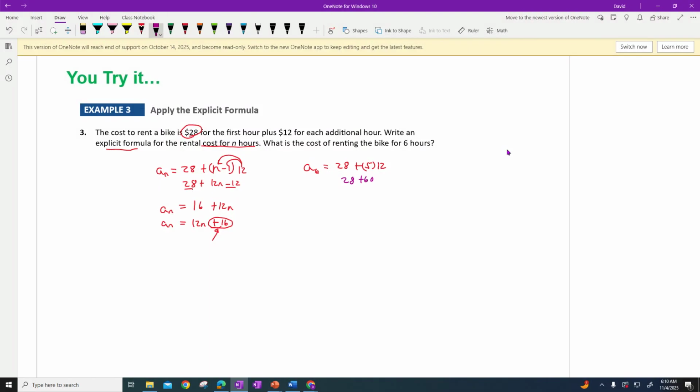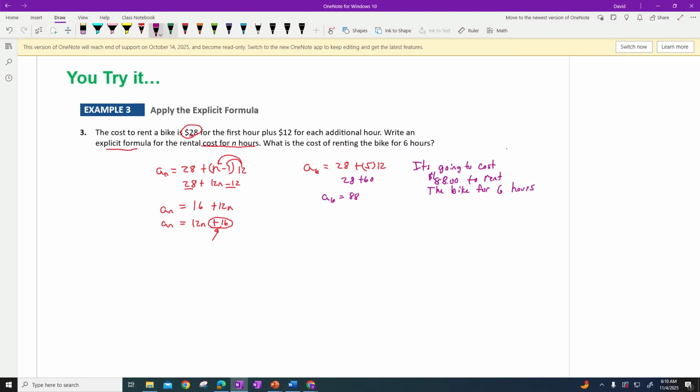So my sixth number is 88. So it's going to cost $88 to rent the bike for 6 hours.